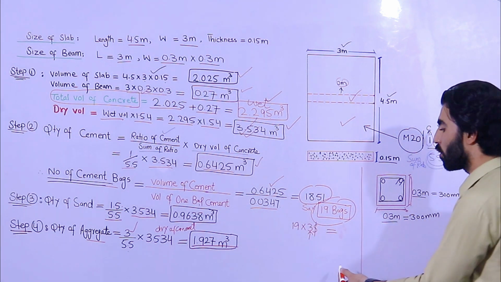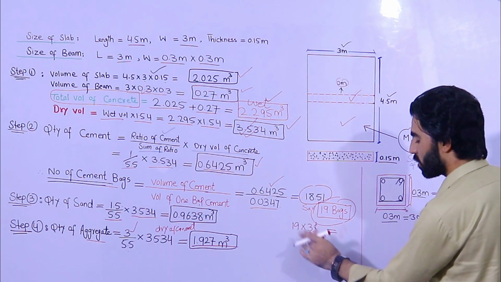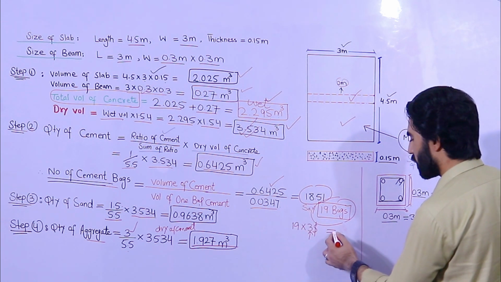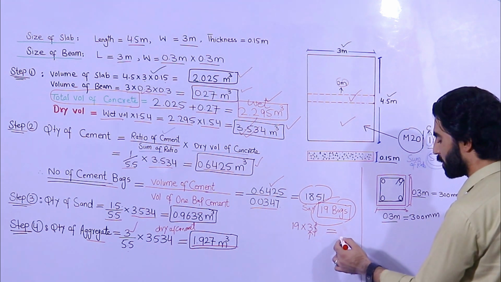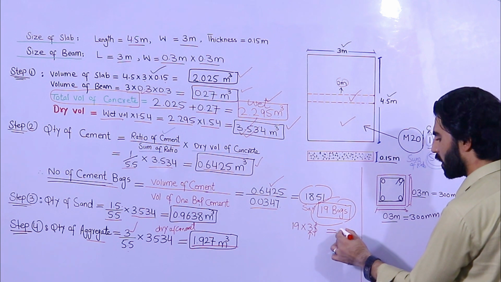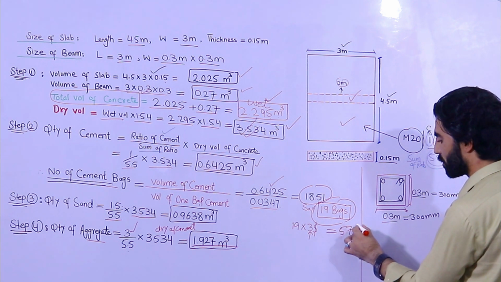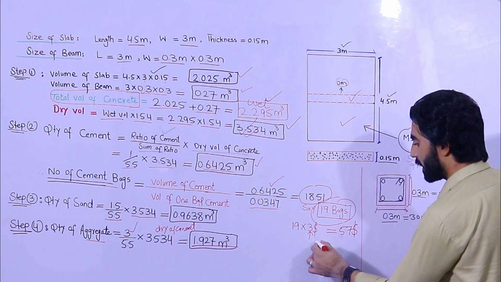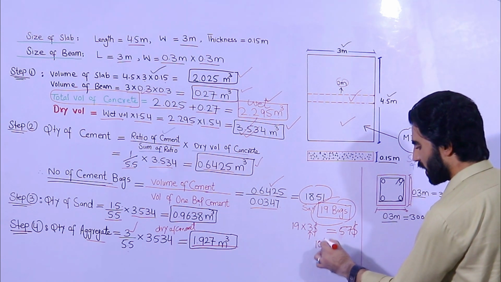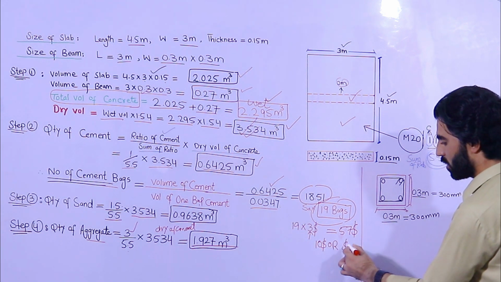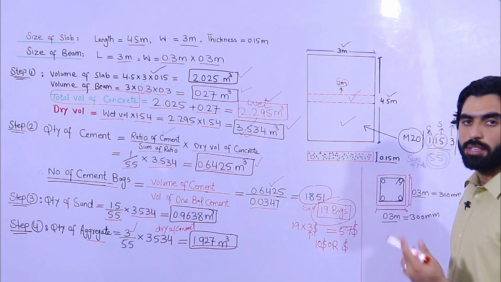This is just an example. Suppose the price of 1 bag of cement is $3, then 19 times 3 means $57. Maybe in your country you will find it at $10, or if it is $15, it depends on the country's situation.